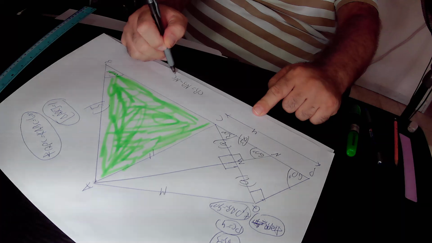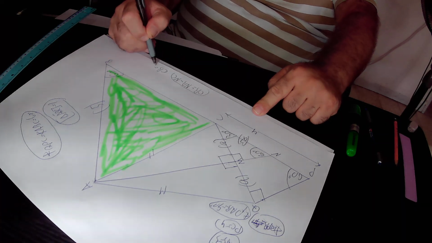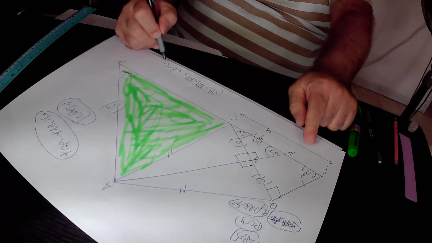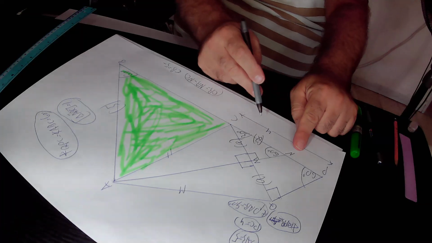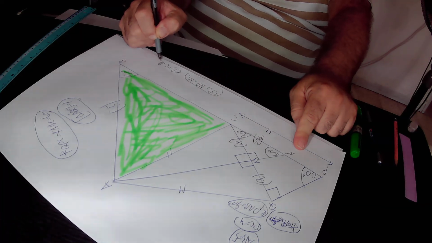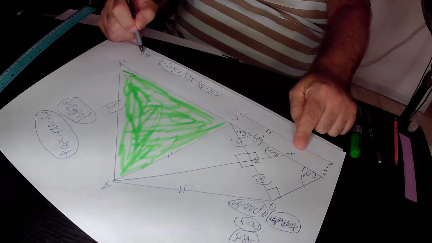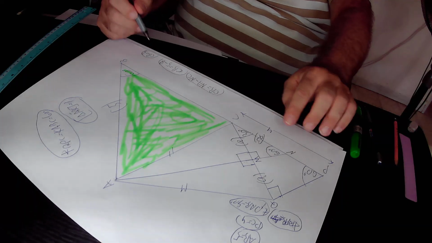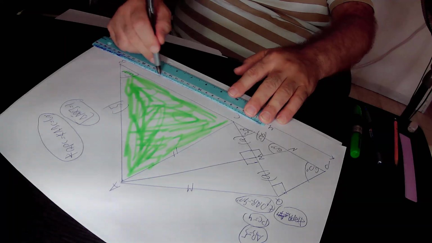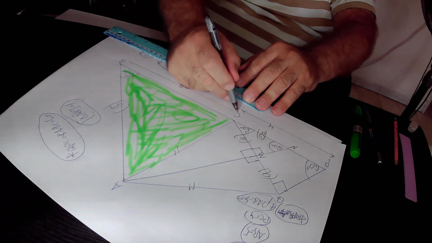So CB in total equals NB, that is 5, minus NC, that is 2. So in total, CB equals 5 minus 2, that is 3. CB equals 3 units in its length. This is side CB, that equals 3 units in its length.